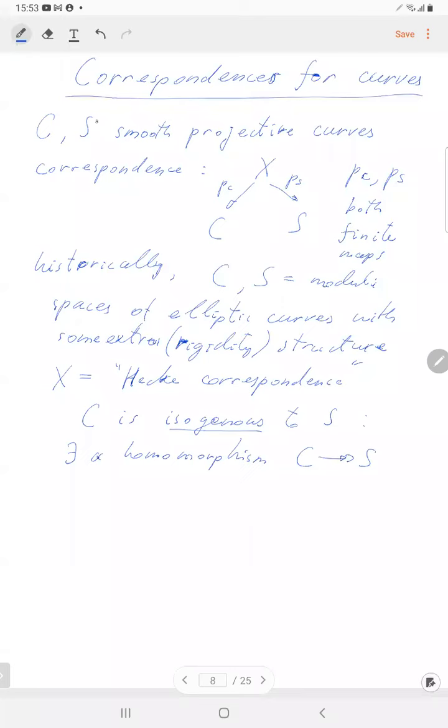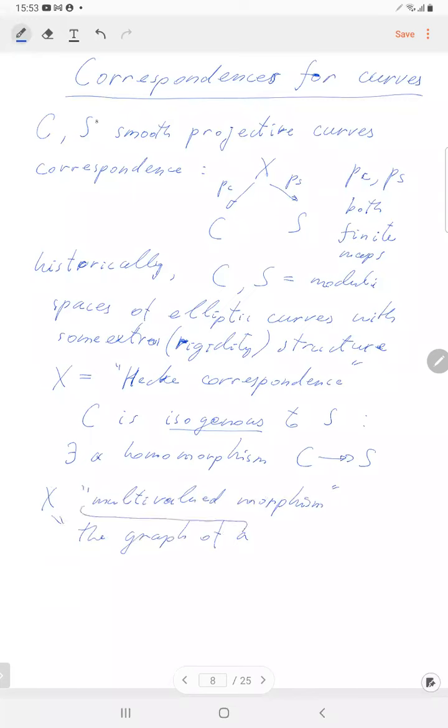So in other words, this X is a sort of multi-valued morphism. Well, maybe X is the graph of a multi-valued morphism.